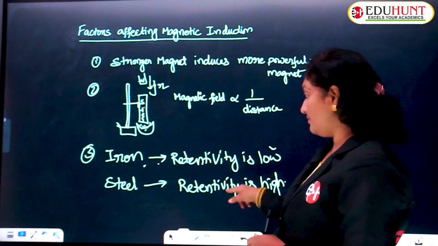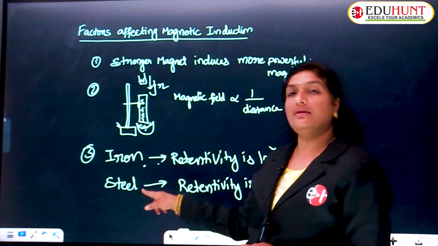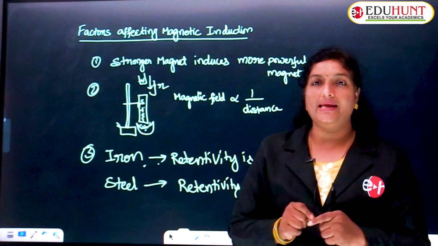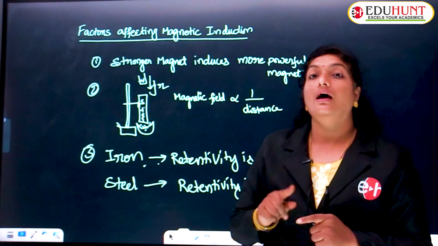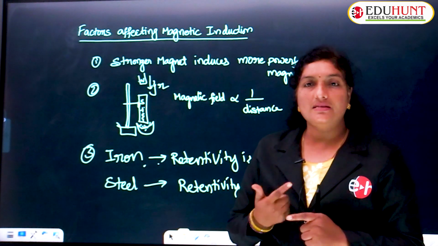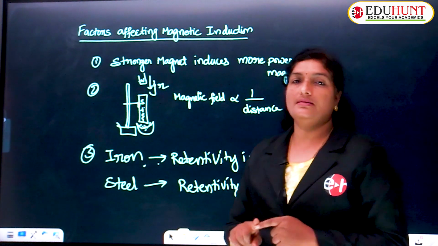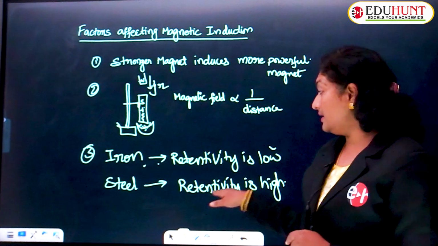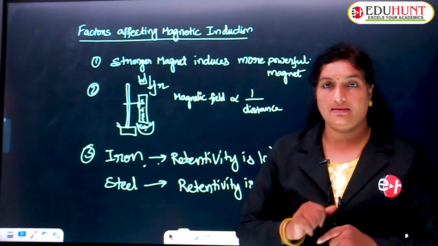But if you compare this piece of iron with steel, it is a bit difficult for a steel piece to get magnetized. It takes a large amount of effort and time to magnetize steel. But the retentivity of steel is higher.